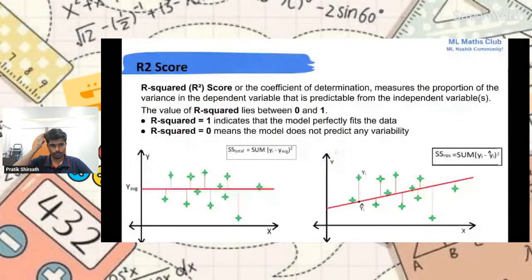Just a second, let me go to the formula so that you can see it. Yeah, so this is the formula for SS total, and SS total is nothing but the SS mean. So it will be y minus y cap summation, and this is for regression, and this is y cap for mean. Simple as that.